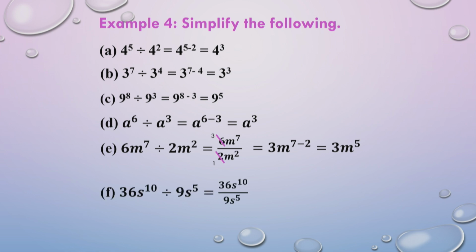The last one, 36s power 10 divided by 9s power 5. So writing it as a fraction, I divide by 9, I get 1 in the denominator, and in the numerator I will get 4. Now s power 10 divided by s power 5 will give me s to the power of 10 minus 5, that is s power 5. So the final answer will be 4s power 5.